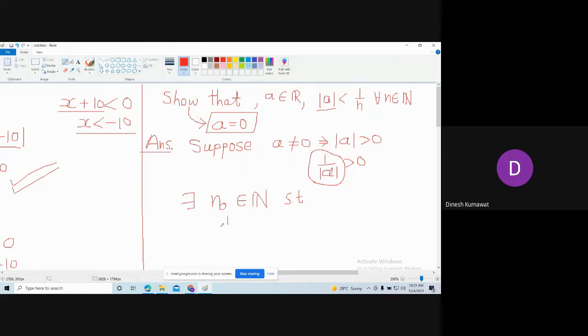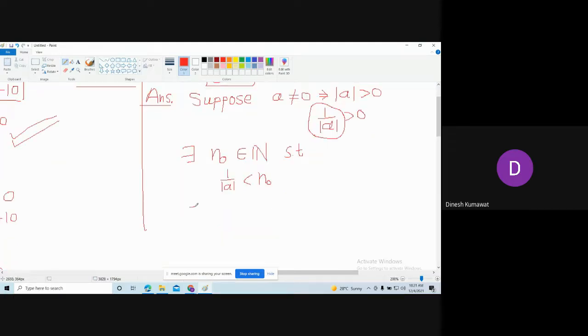So this 1 upon mod a is strictly less than this natural number n naught. Okay, and this is true for some natural number. Now let us invert this. So I can write it as 1 upon n naught is strictly less than mod a.